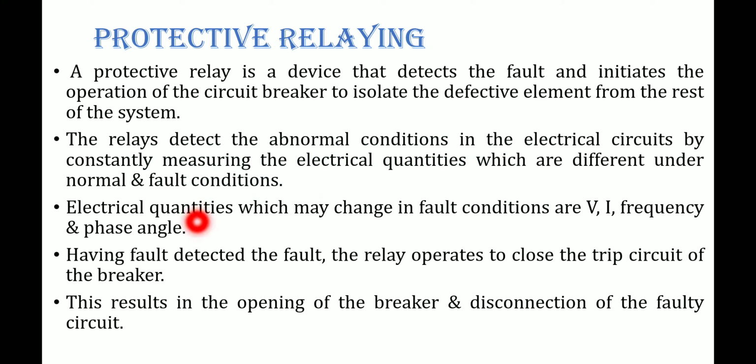Getting? During normal conditions these values will be normal. During a fault condition, changes occur in these quantities. Obviously, if a short circuit occurs, the current will be abnormal, a huge inrush of current will flow.